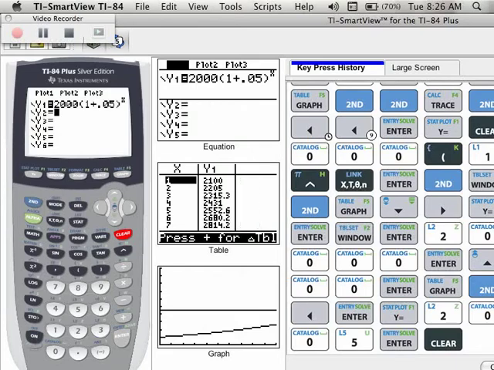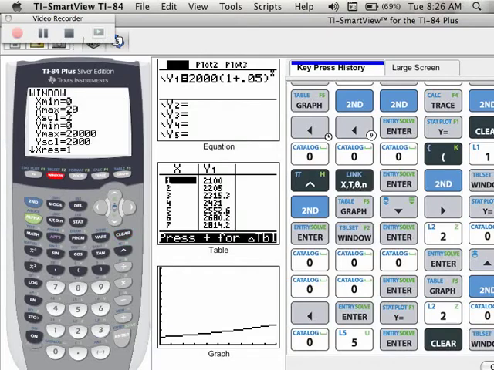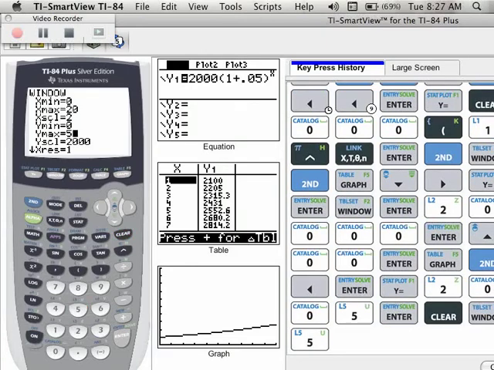So 2,000, parentheses 1 plus 0.05, parentheses to the x power. And then I know, again, that I have to make my window right. When I'm looking at my window, again, I don't know how much it's going to be. I'm just going to leave my 0 and 20. Who knows what's going to happen. But my y values now, instead of going to 20,000, I'm going to go from 0, and eventually I need to know when it doubles, because I read ahead a little bit. So I'm just going to go up to 5,000. And 10% of that would be 500.